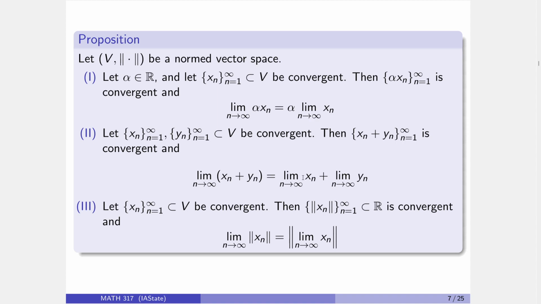Alright, but before we do that, let's now get a litany of results regarding limits. So what are these statements here? Well, these are just saying that limits interact with the structures of a normed vector space accordingly. And by that I mean the limit of some scaled sequence is the scaled limit, the limit of a sum of two sequences is the sum of the limits, and limits can be brought into the norm.